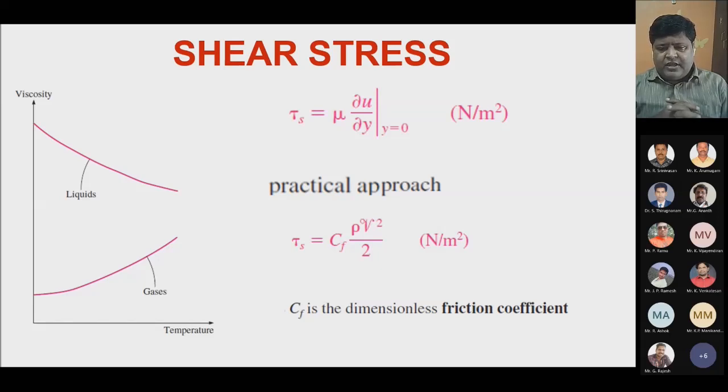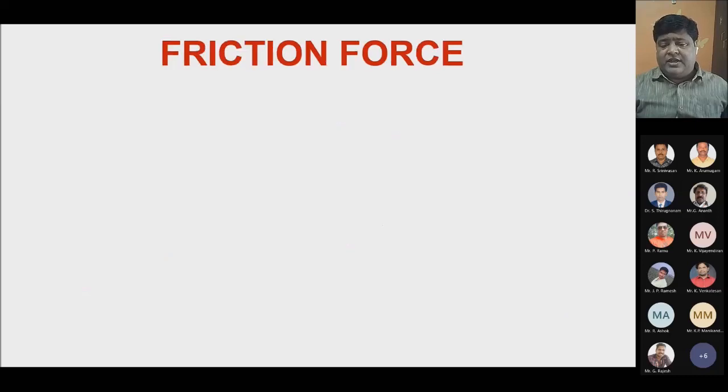Numerous researchers have given various friction factor correlations for different conditions of flow. If the Reynolds number is less than 10,000, in an internal flow you have to use one correlation for finding a friction factor, and if it is above 10,000, you have another correlation, because these are all experimentally derived.